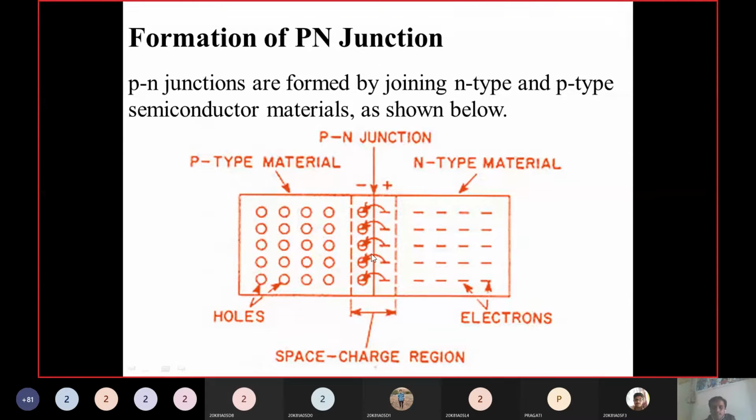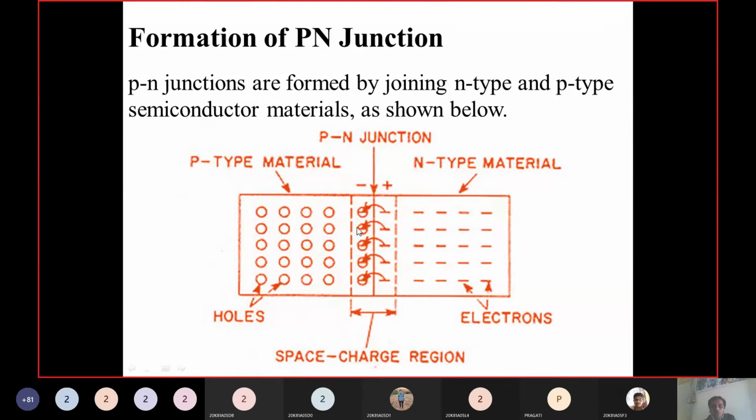Similarly, on this side, holes recombine with these electrons. The nearer holes recombine with these electrons. Because of this recombination, negative ion core will be developed in this region.